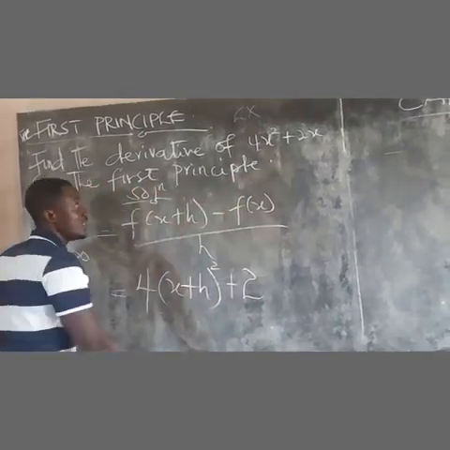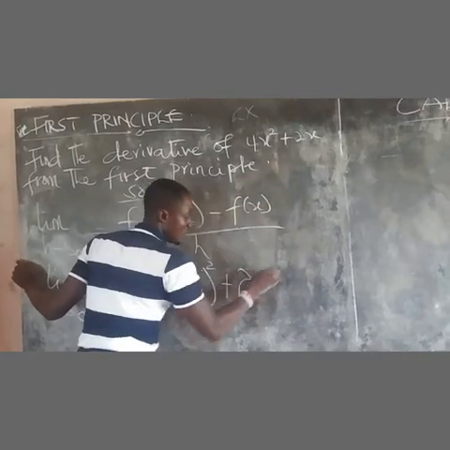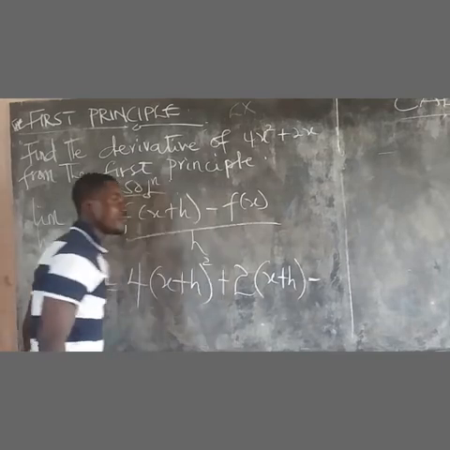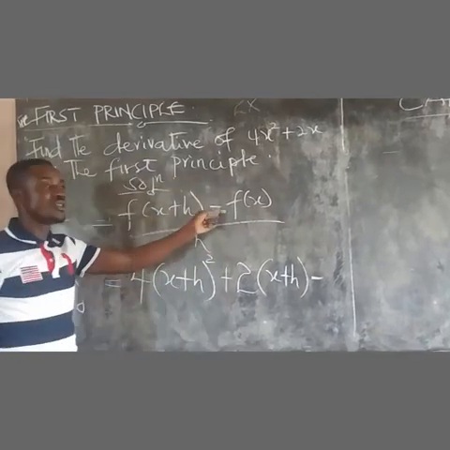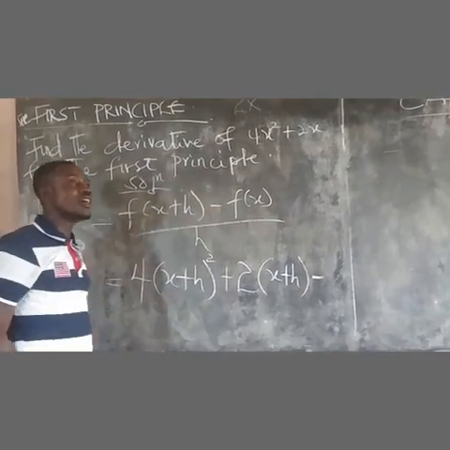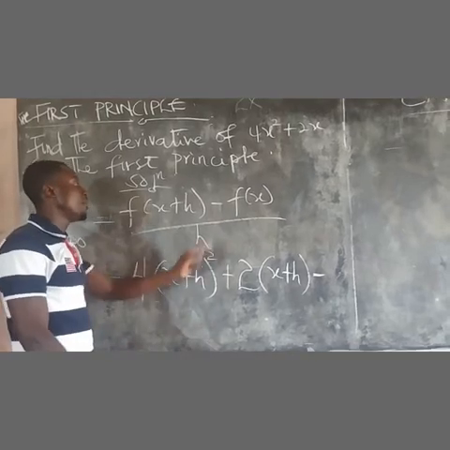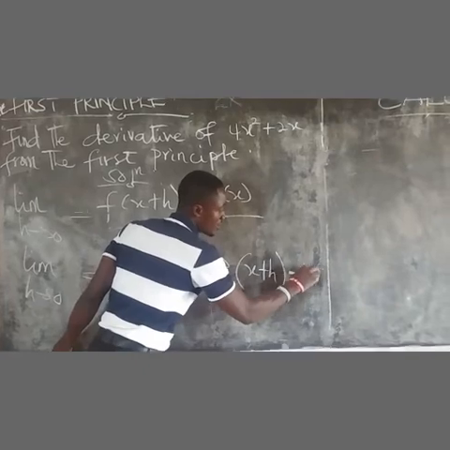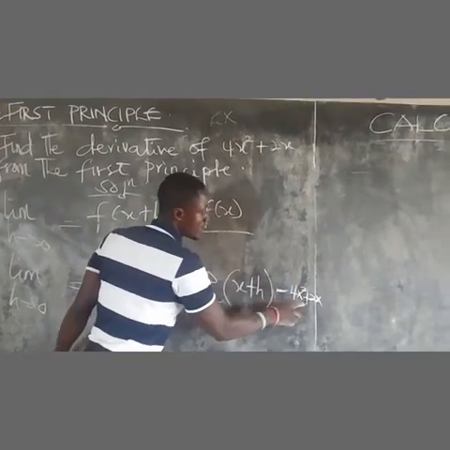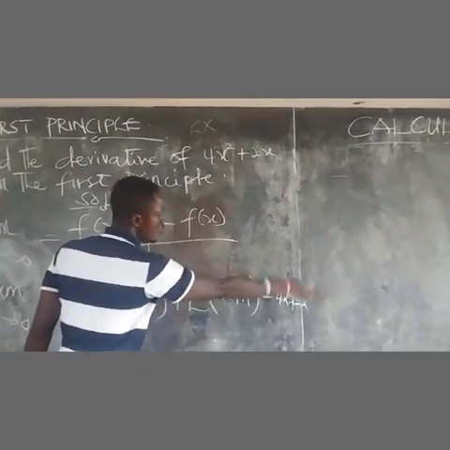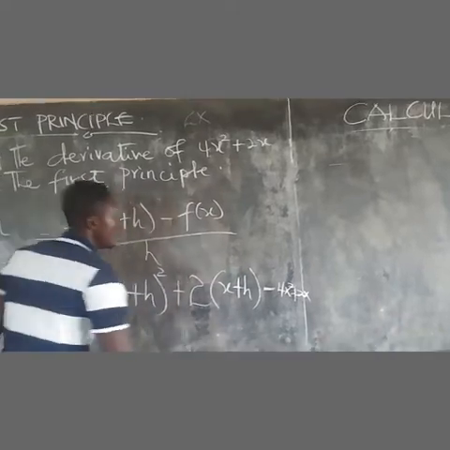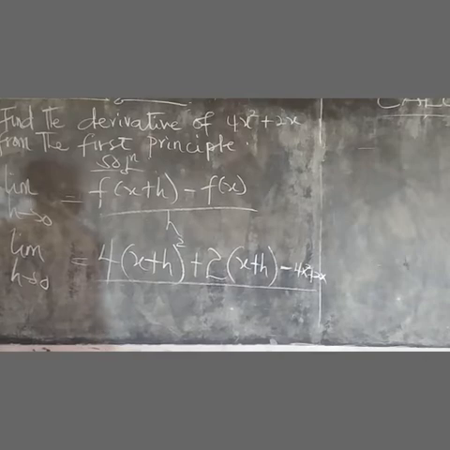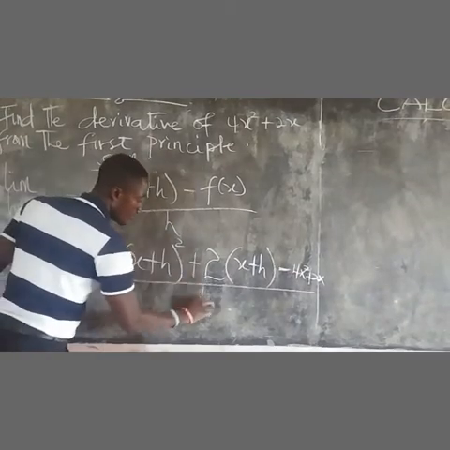Wherever you see x, bring x plus h. Minus, that is the operational sign. I prefer to use the minus f of x, and f of x is 4x squared plus 2x, all divided by h.